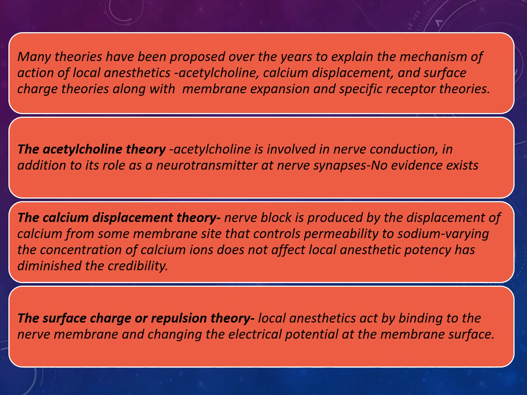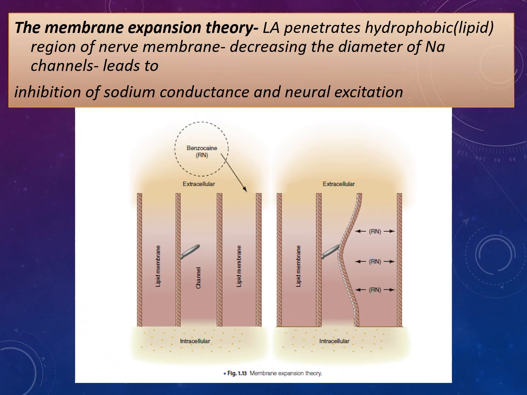The surface charge or repulsion theory explains that local anesthetics act by binding to the nerve membrane and changing the electrical potential at the membrane surface. The membrane expansion theory says that the LA penetrates the hydrophobic region of the nerve membrane, decreasing the diameter of sodium channels, leading to inhibition of sodium conduction and neural excitation.